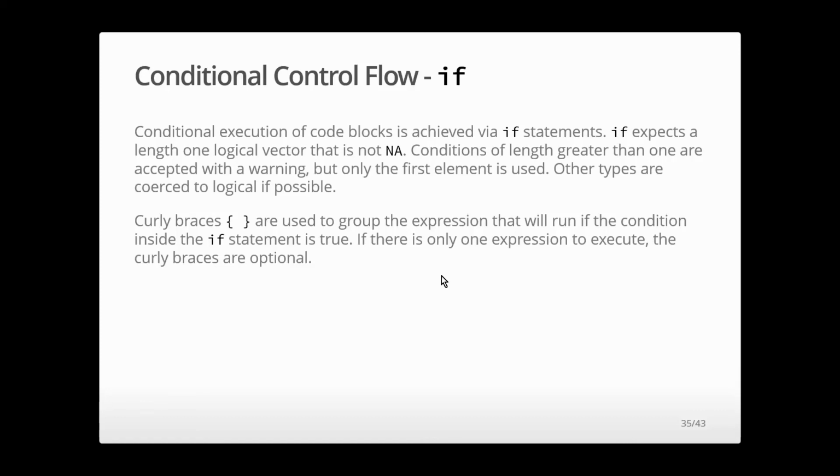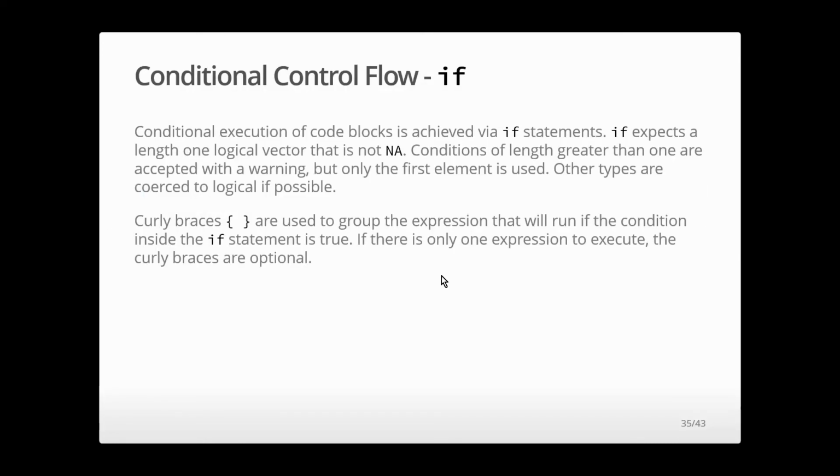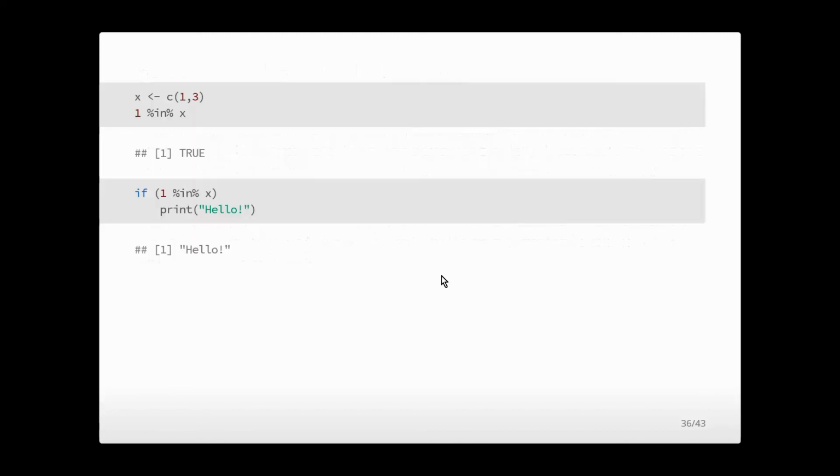The if only expects a logical vector of length 1. If you give it a logical vector with more than one thing, it's going to just look at the first element and also ask, are you sure you know what you're doing? It's going to try to coerce things into logical if it can. And if there's only one expression to execute, the curly braces are optional.